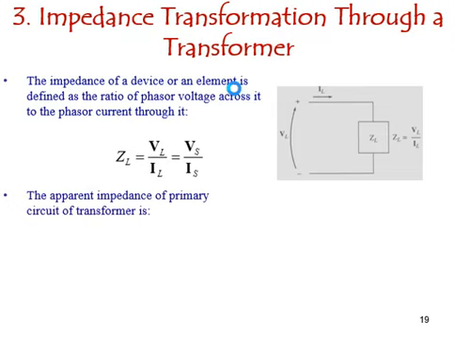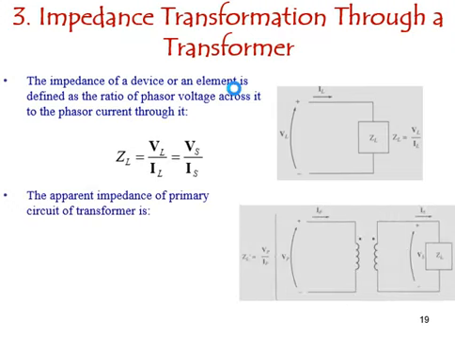I will explain this in this figure, how it is calculated to find the Z bar L, another impedance which is observed from the input of the transformer.